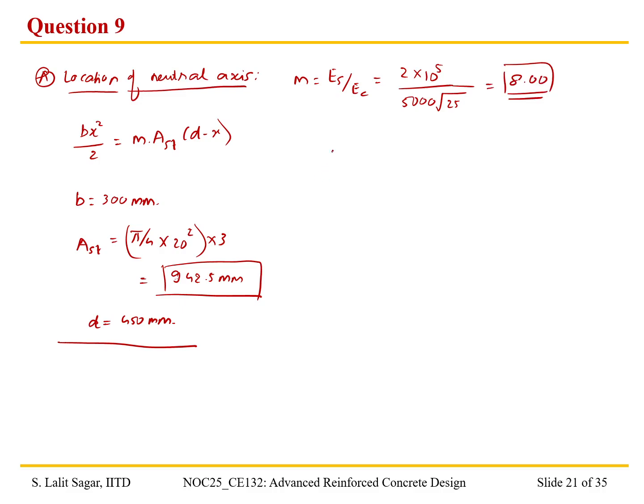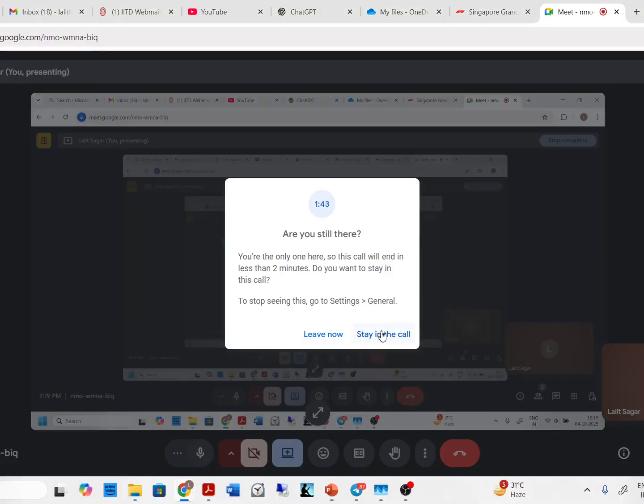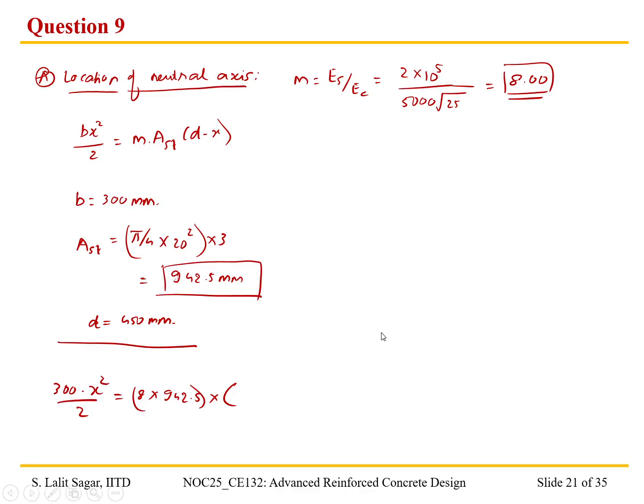Okay, so let me write it down here. 300 into x square by 2 is equal to 8 into 942.5 multiplied by d minus x, that is 450 minus x.